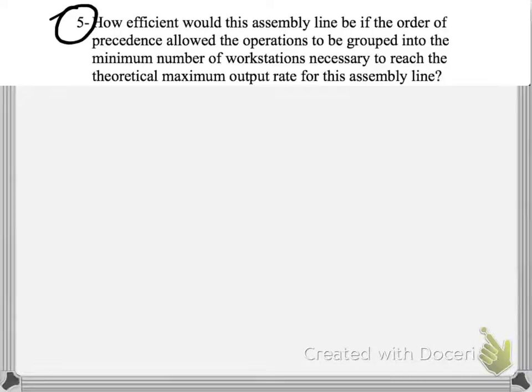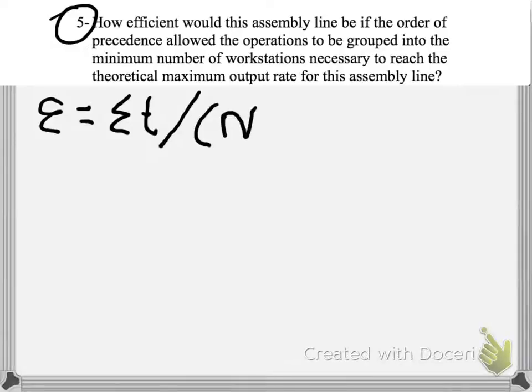Moving on to problem number 5. How efficient would this assembly line be if the order of precedence allowed the operations to be grouped into the minimum number of workstations necessary to reach the maximum output rate? Our efficiency equals the sum of our task times divided by the number of workstations times cycle time.